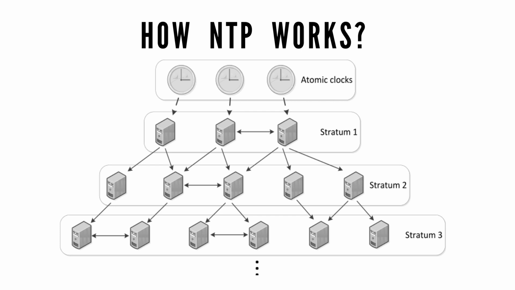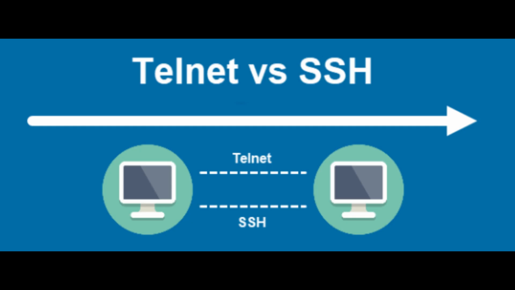For remote management, we mainly use SSH, a secure protocol that encrypts all traffic, protecting login credentials and command sessions. Telnet offers similar remote access but without encryption, so it's only used in isolated or test environments. Together, these protocols help ensure our network remains secure, synchronized, and manageable.